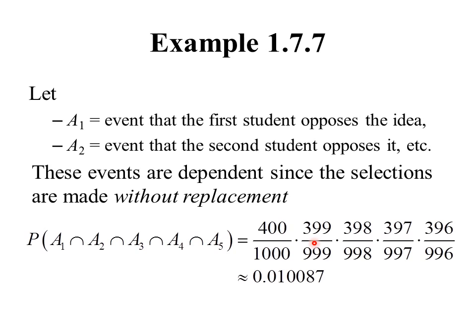Once we select the first student, there's only 999 to choose from. 399 of them oppose the idea, so there's the probability of A2 given A1. Probability the third opposes the idea is this. The fourth and the fifth, those are all calculated similarly. Okay. Now we do that arithmetic, and that comes out to be about 0.01.